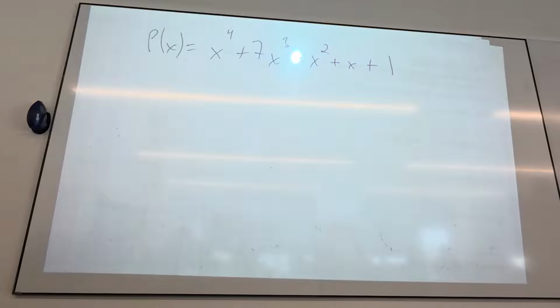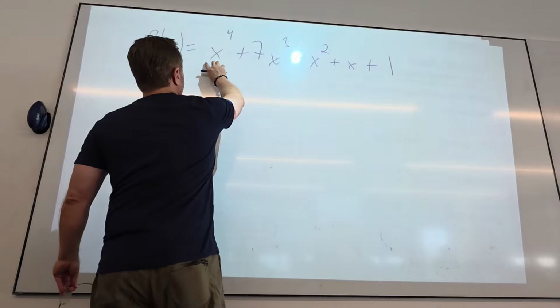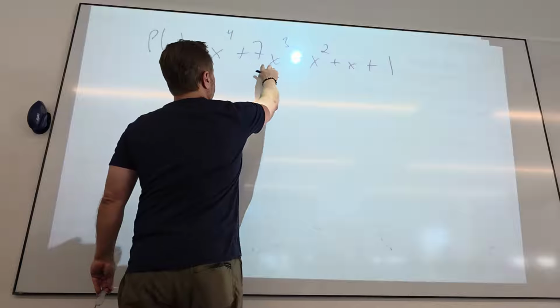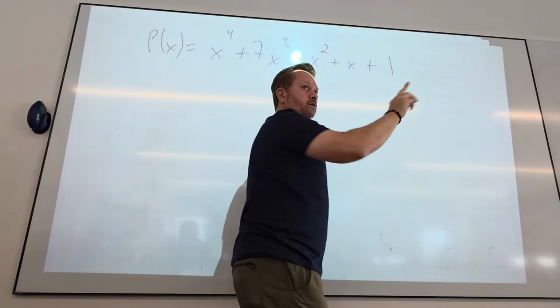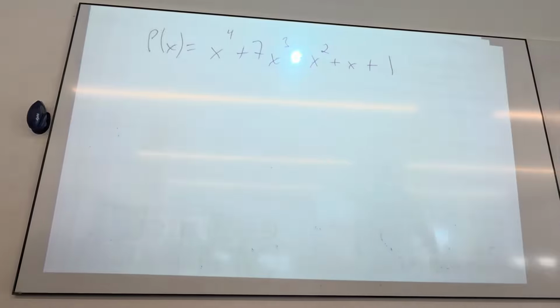You guys with me? Can somebody tell me exactly how many times the sign changed as you scan from term to term? It changed once, twice. You guys see that? It changed 2 times.